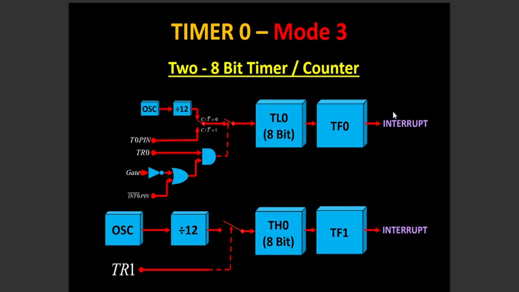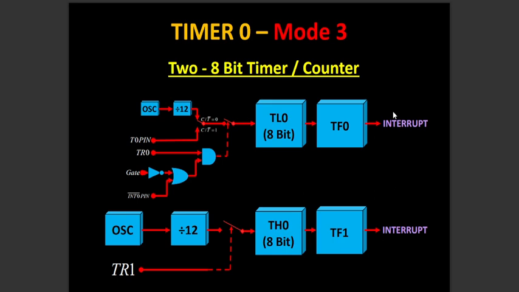Mode 3 is present for applications requiring an extra 8-bit timer/counter. In mode 3 of timer 0, the 8051 has three timers: one 8-bit timer by TH0, another 8-bit timer/counter by TL0, and one 16-bit timer/counter by timer 1.